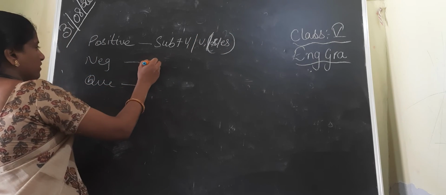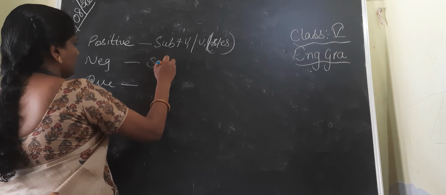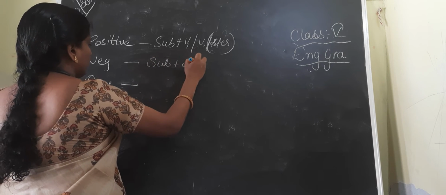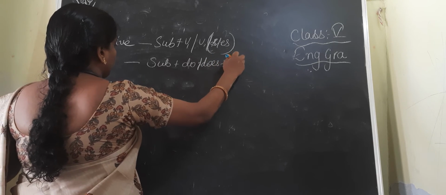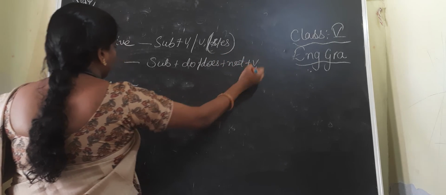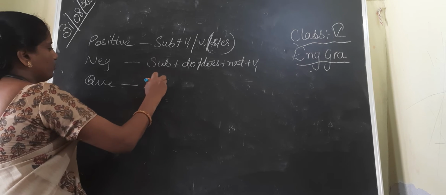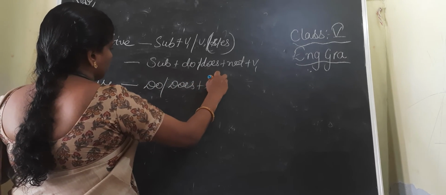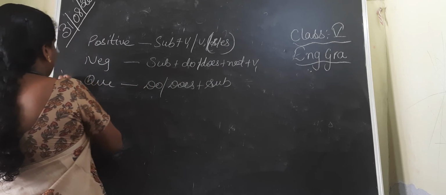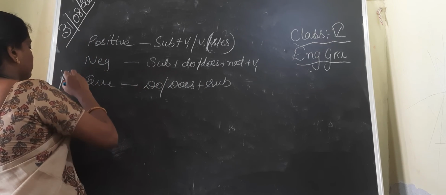And if we see the negative, subject with do not, do or does plus not plus V1. If you see the question form, do or does plus subject. This is the yes or no type question we have learned.